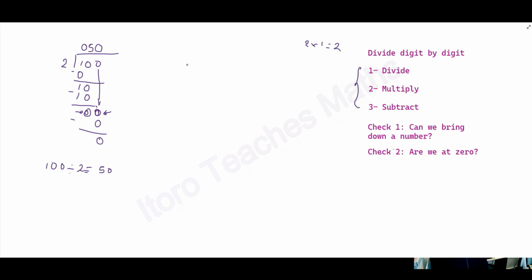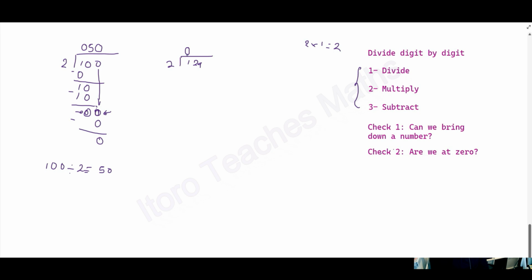Okay, so let's do 124 divided by 2. So again, digit by digit. We start with 1. 1 divided by 2. How many times can we put 2 into 1? We can't, because 2 is bigger than 1. So we have 0 here.